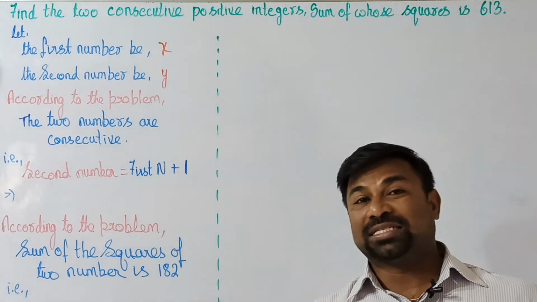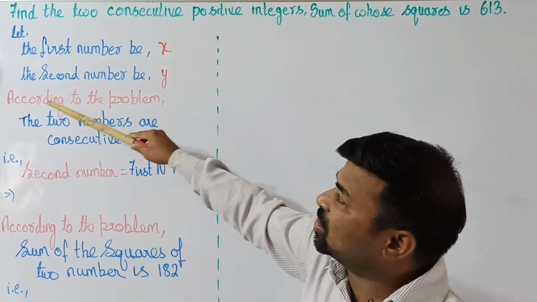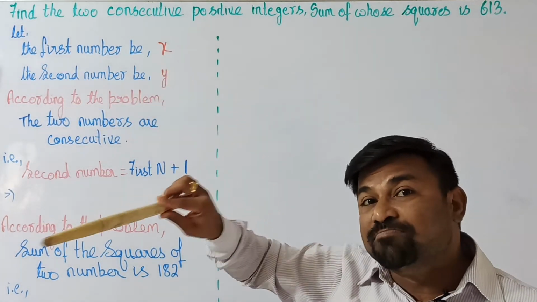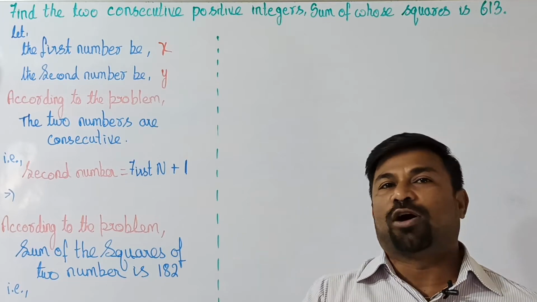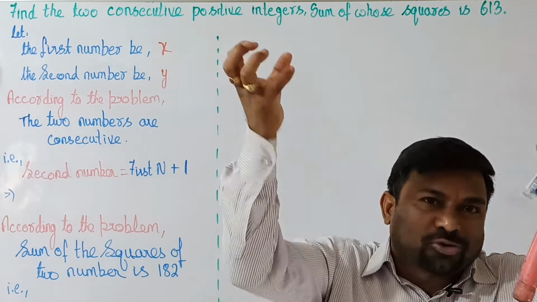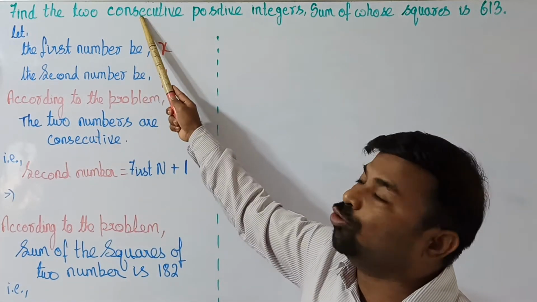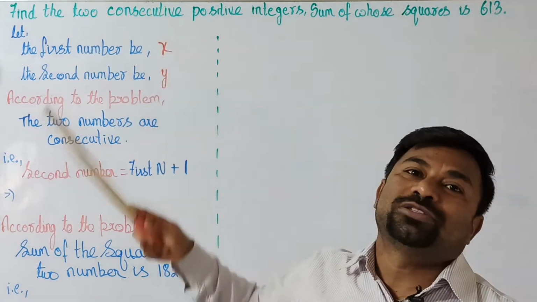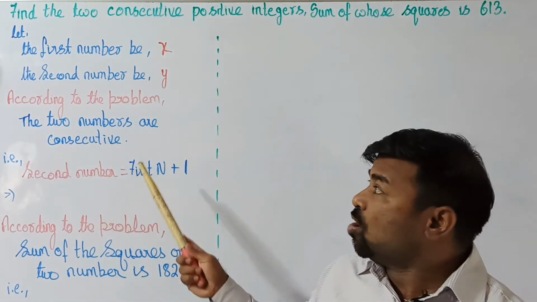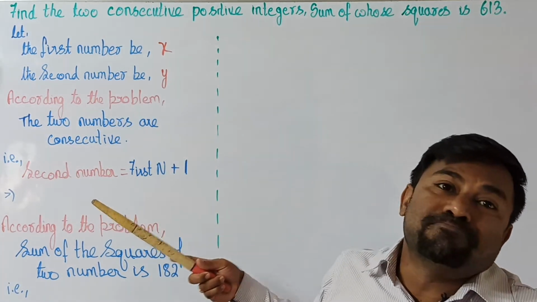As I explained, we have two relations. From the question, we go step by step: first sentence form, then symbolic form, then simplified form. First, whatever is there in the question: the two numbers are consecutive. Let's write it in terms of symbols.